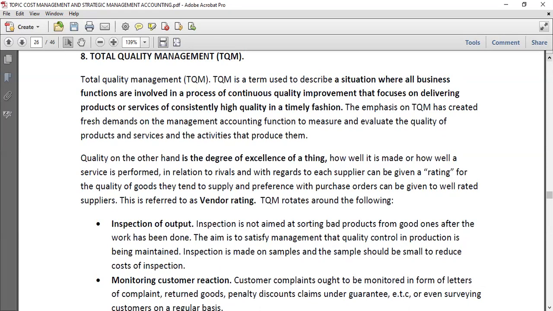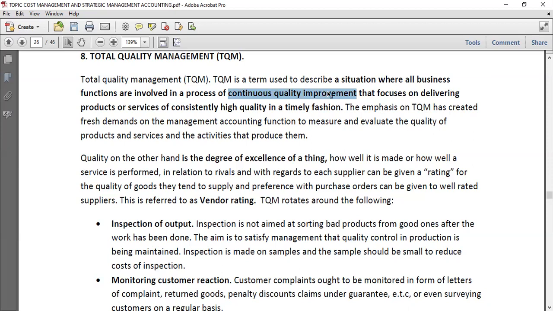Okay. So allow me to comment on TQM, because TQM is also a key part of the strategic. The others that I've just left out are part of JIT, just in time, for your further reading. Okay. So TQM, everyone is working towards quality improvement. It basically describes a situation where all business functions, the word all business functions is very key, are involved in the process of continuous quality improvement.